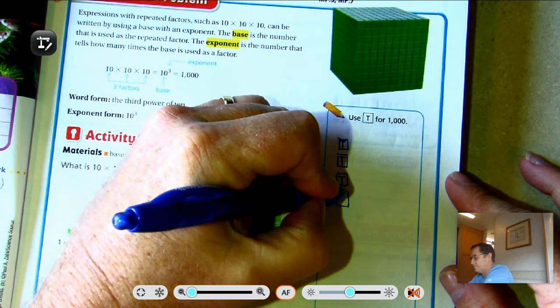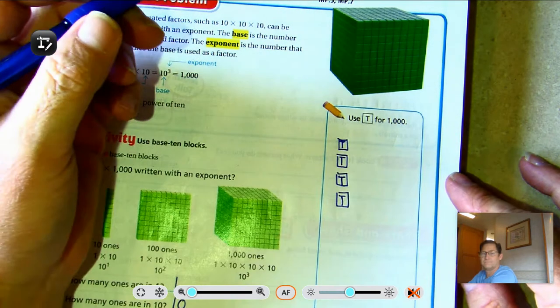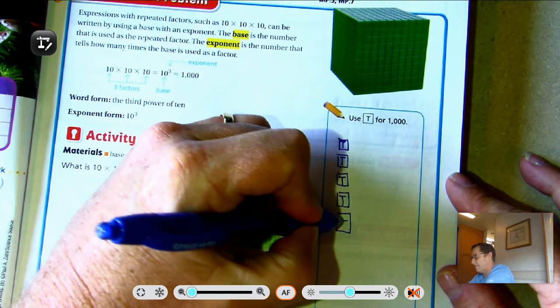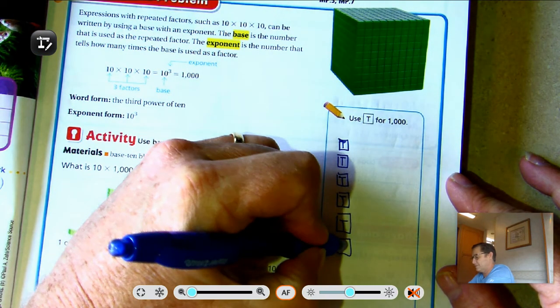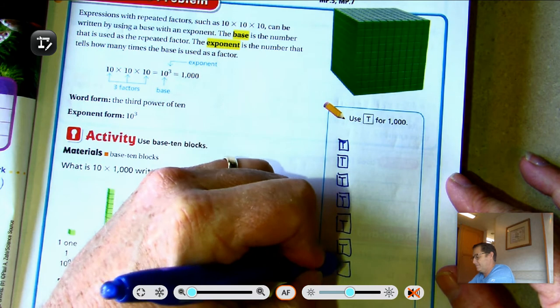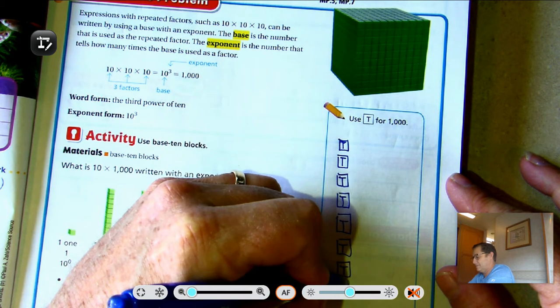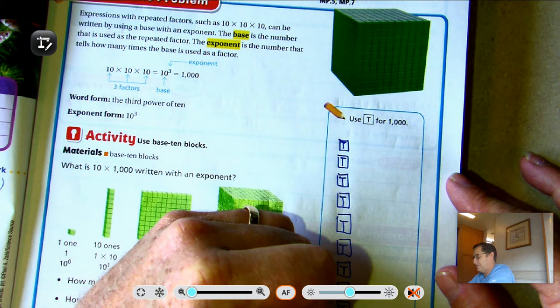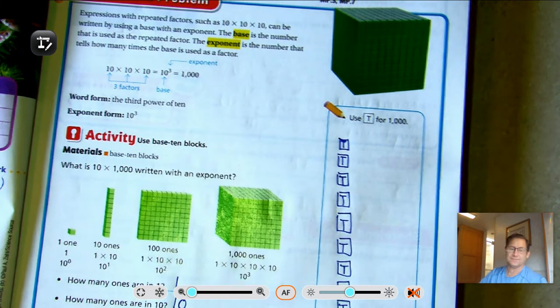Until we get to 10,000. 5,000. 6,000. 7,000. 8,000. 9,000. 10,000.